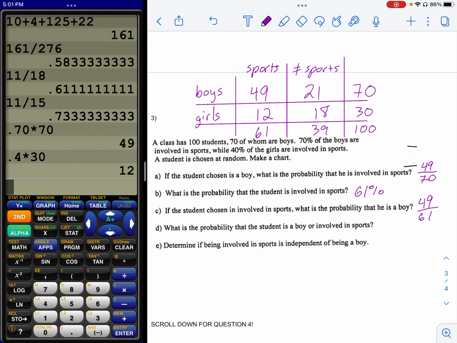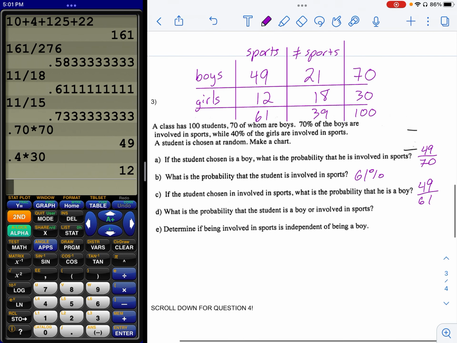D, probability a student is a boy or involved in sports. No condition here, but we do have a couple ways. You could just highlight the kids that are a boy or they're in sports or both. That would be this number, and this number. Those sections are boys or they play sports or both.